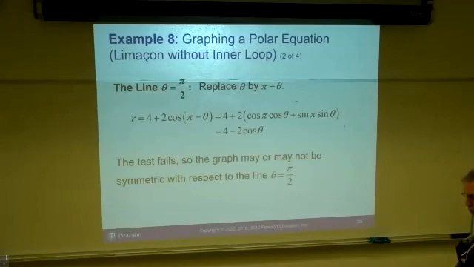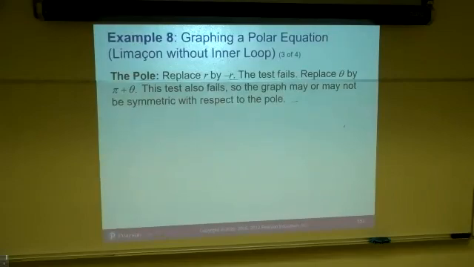So from initially looking at it, it probably isn't symmetric with respect to the vertical line, but we don't know. Replace r with negative r, and they don't go through and show this, but they're saying that the test fails for these two.